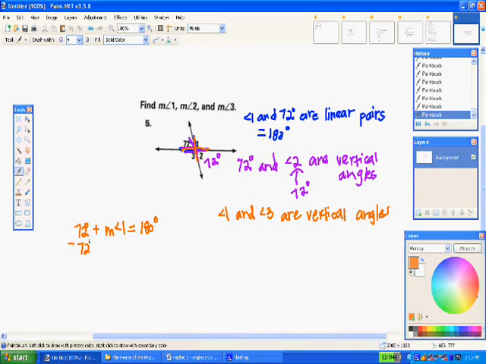And then to get the measure of angle 1, I'm just going to subtract 72 degrees from 180. And so I get 108.